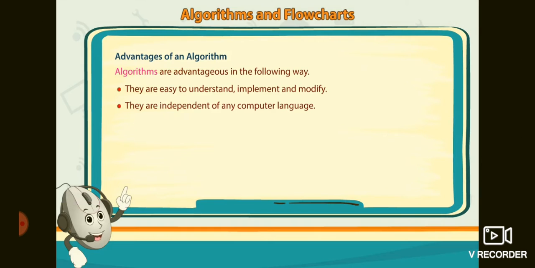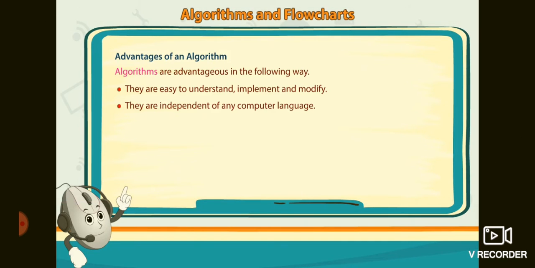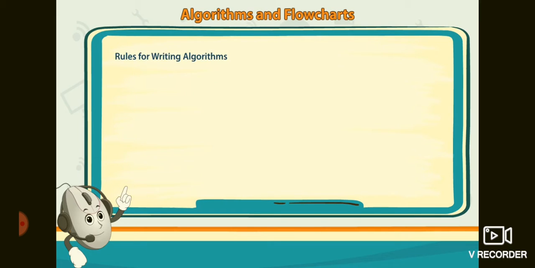If you face any problem, first you plan it, then you implement it. And if you want to modify that plan, you modify it and then implement it again. So that is a procedure, and that is one advantage. They are independent of any computer language. They can be easily converted into flowcharts and then into computer programs. So that is the use of algorithm.